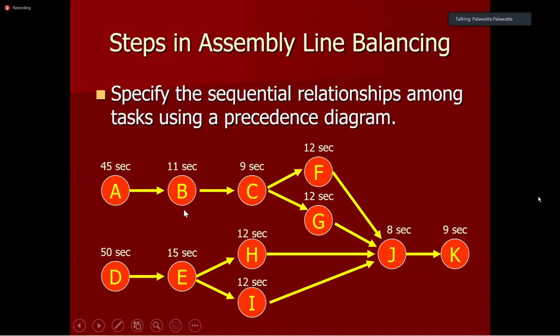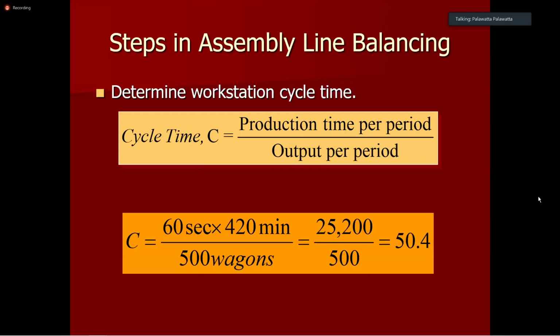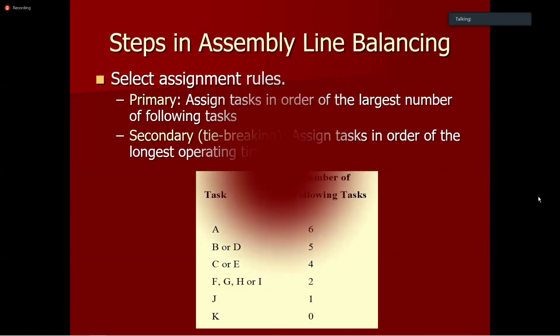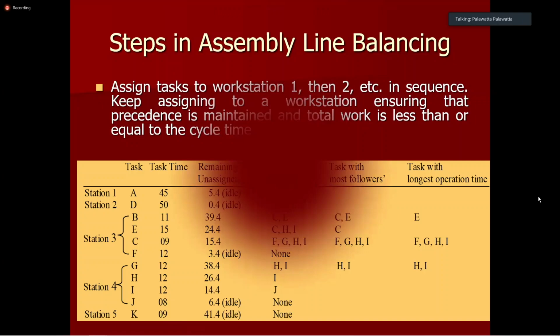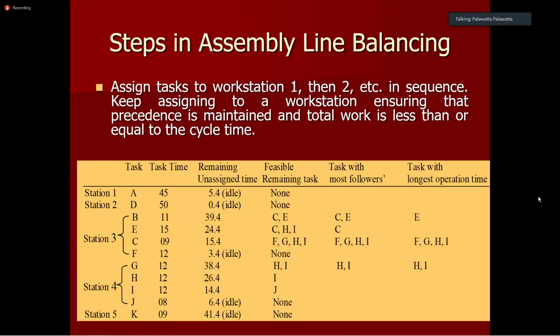Therefore, B is selected, and so we have allocated B. And then you have E and C as candidates.